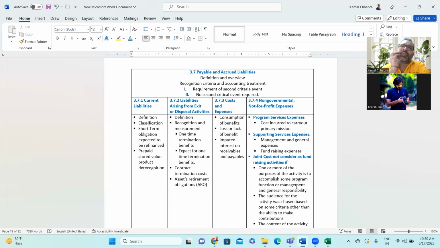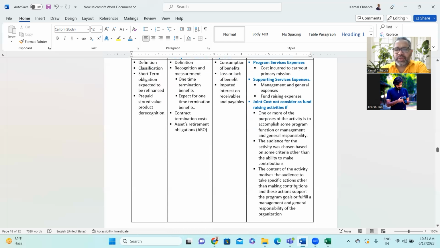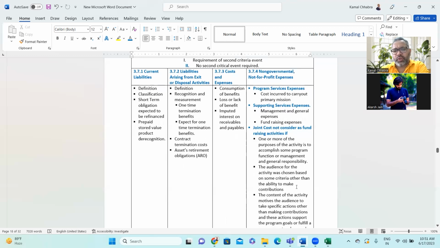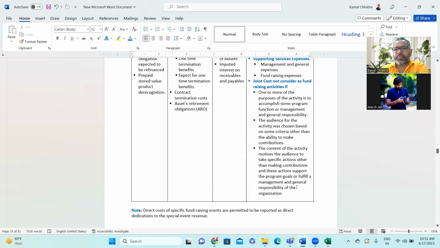So what all expenses will be there, and how to recognize them in the financial statement, including the liabilities which we need to incur. Then after, we'll be discussing the joint costs for a not-for-profit organization, basically incurred for the primary mission of the organization, or maybe for the secondary support systems, right?